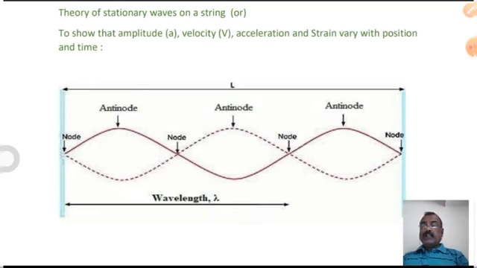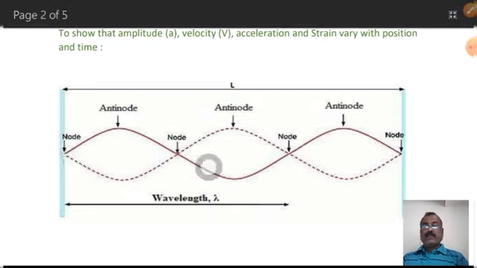We know that the distance between any two consecutive nodes or any two consecutive antinodes is lambda by 2, half of the wavelength. However, the distance between this node and this node is one wavelength.